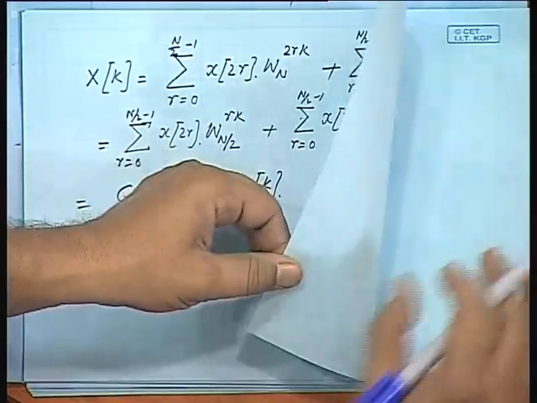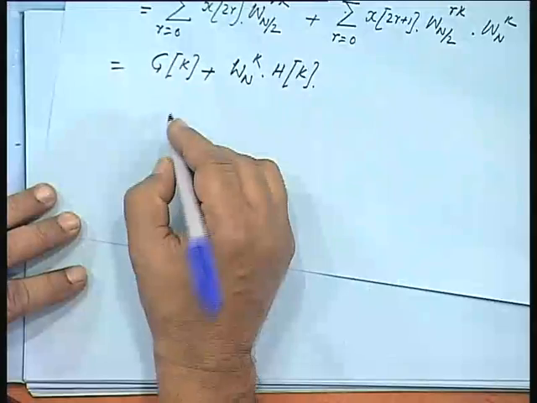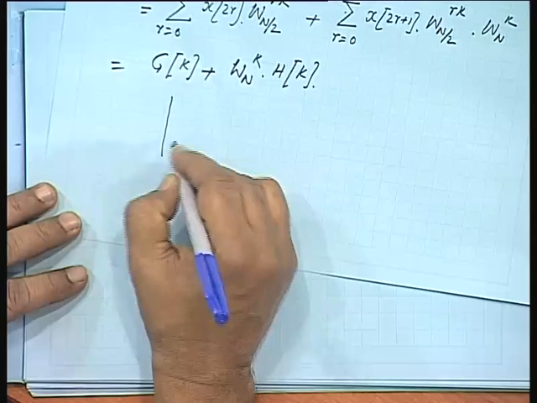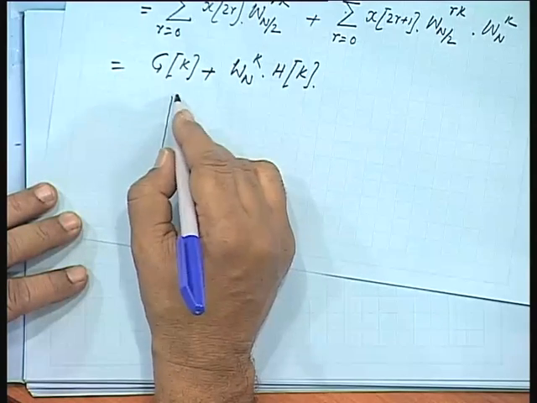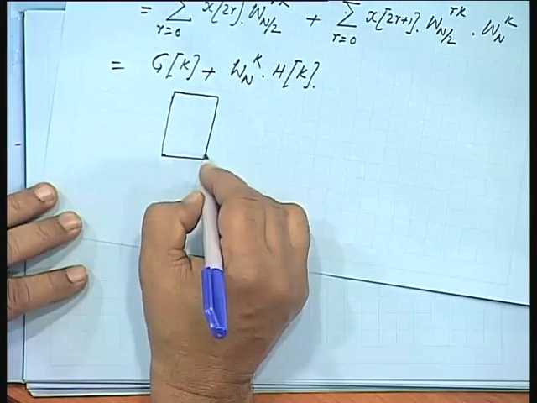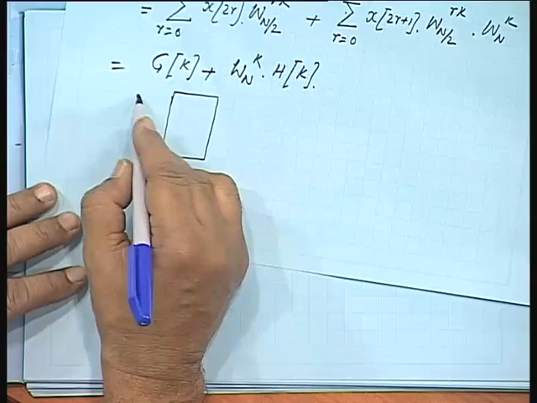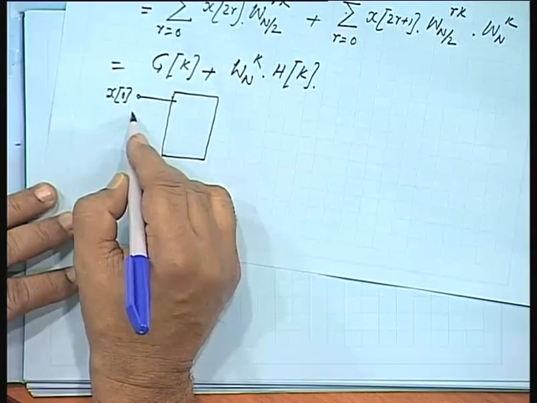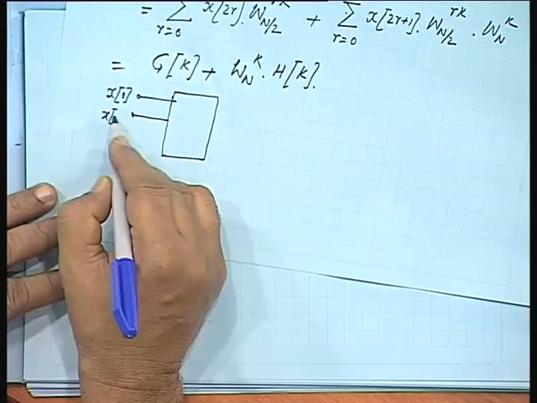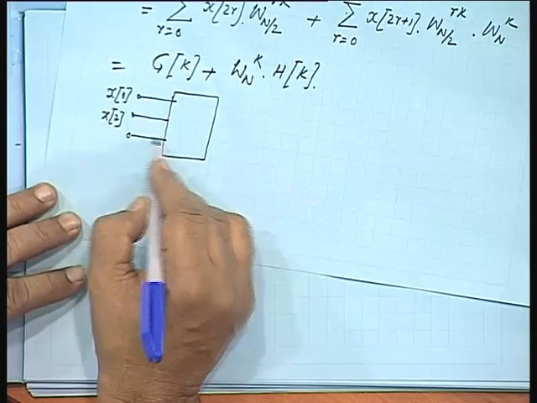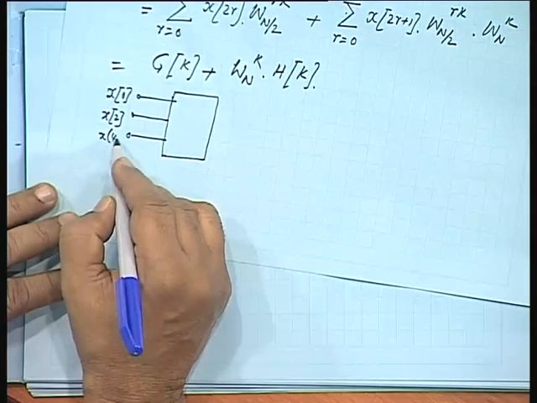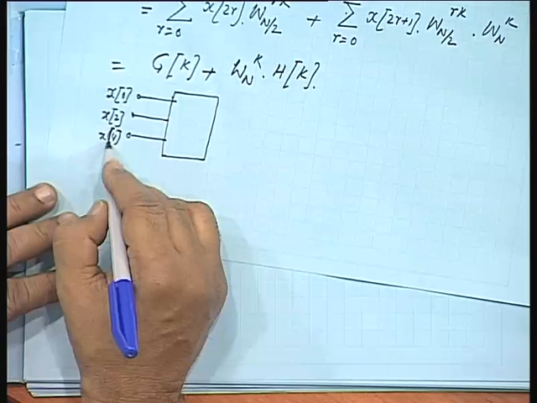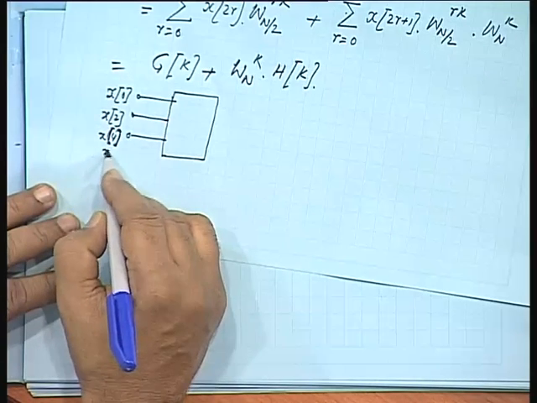If we show it diagrammatically, it will look like this. I have given x0, then x2, x4 and x6.